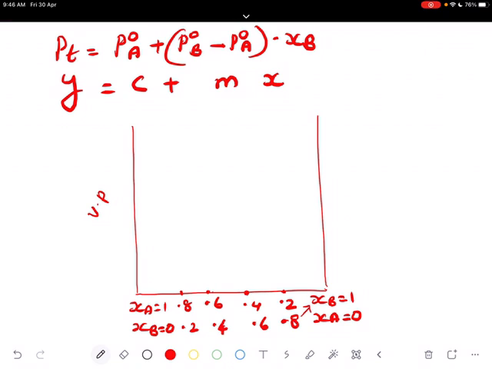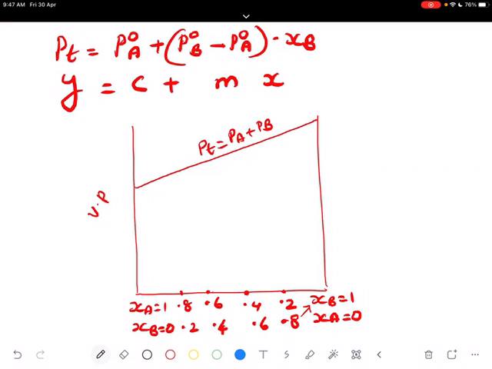So in this case, we are going to mark this P total. What is P total? We see y is equal to mx plus c. There is a y-intercept, that is c. So you will be getting a straight line with that y-intercept. So this is like this. This is P total. P total is equal to PA plus PB. You are taking different mixtures.